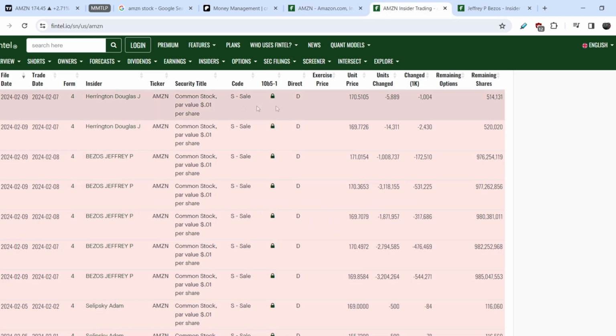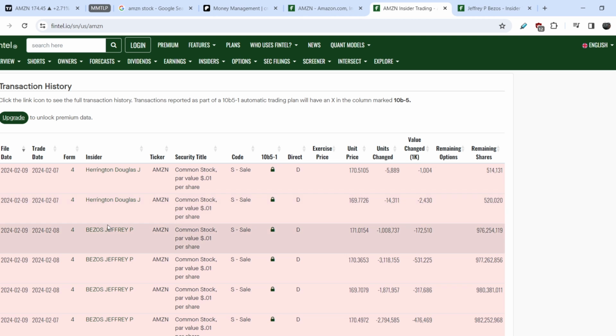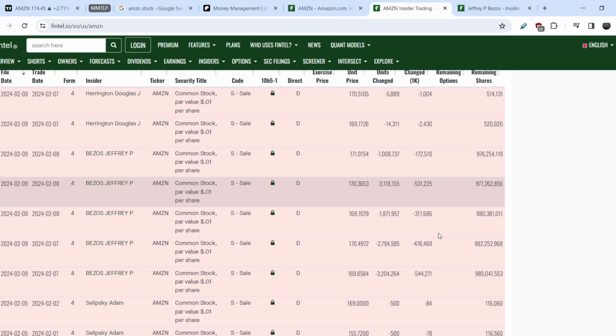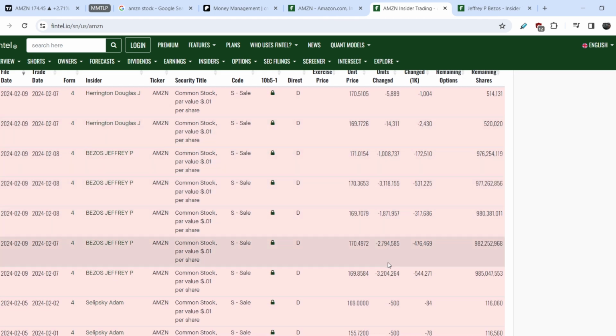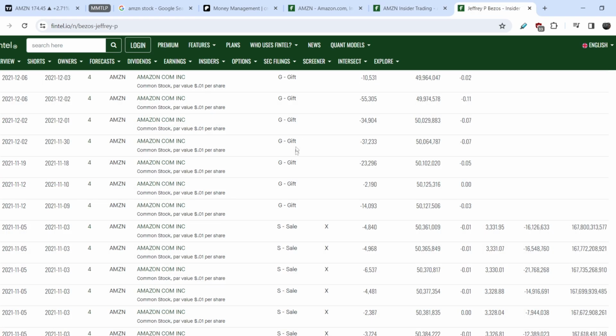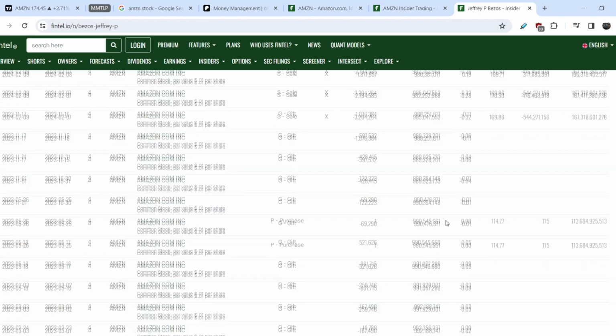And if you take a look at the insider trading list, you can see that Jeff Bezos on February the 9th filed these updates, and he sold several million shares out of his almost 1 billion shares on hand. On the one hand, yes, it might be a negative catalyst. Let me show you that previously, if you click on Jeff Bezos' name, you can see that previously he had quite significant sales.